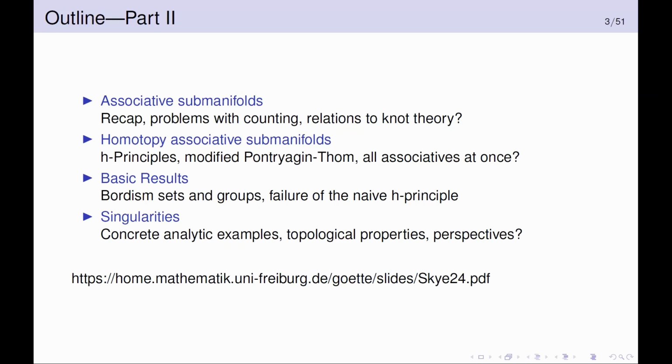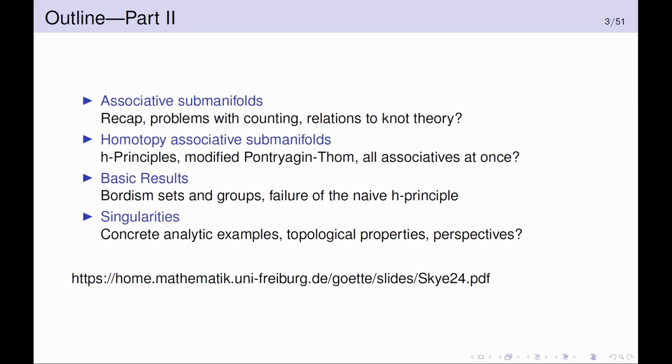So we'll modify the Pontryagin-Thom construction from cobordism theory to talk about associatives. And I'll tell you what an h-principle is, then I'll tell you that it unfortunately fails in this setup, but nevertheless, I believe it will still provide us with some intuition. And finally, we have to talk about singularities of associative submanifolds, because they tell us something about the moduli spaces.